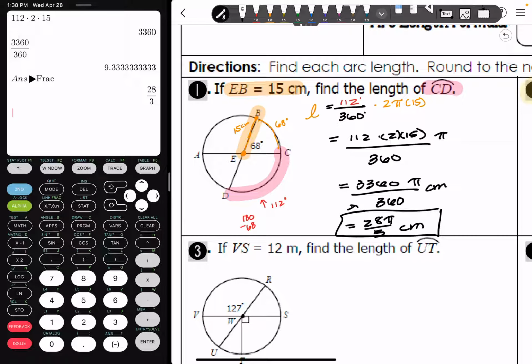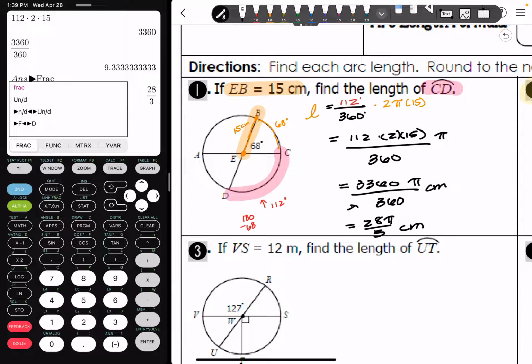Remember, if you're typing this in to the calculator, or sorry, online, like this. All right. And then all you're going to do is we're going to type it into our calculator.